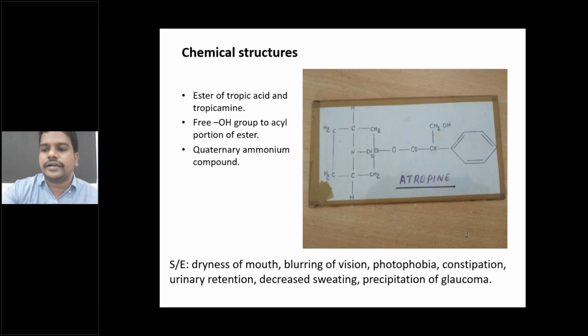When you see the chemical structure, you need to identify whether it is atropine or dapsone, isoniazid or dopamine, and write, for example, that it is atropine. Then write the adverse effects of it.